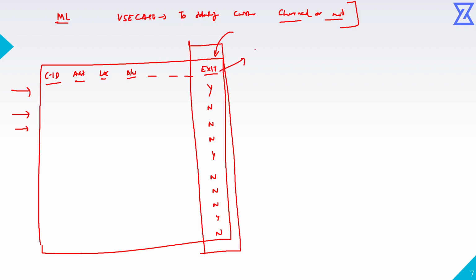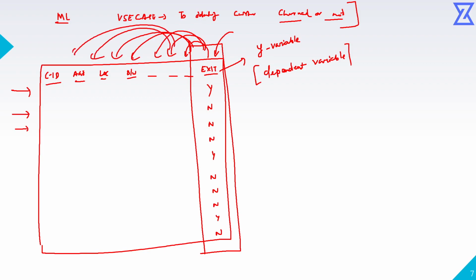So this column is called the y variable. The column that you are going to predict becomes your y variable. It is also called the dependent variable. Why? Because this variable depends on all of these.